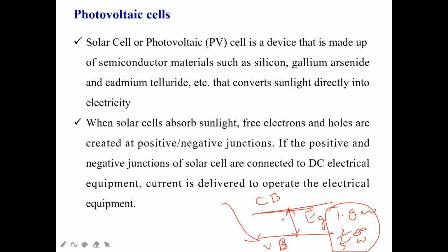When light of suitable intensity falls on the semiconductor, an electron from the valence band gets excited. When it gets excited, it jumps to the conduction band, thus creating a free hole and a free electron in the valence and conduction band respectively.